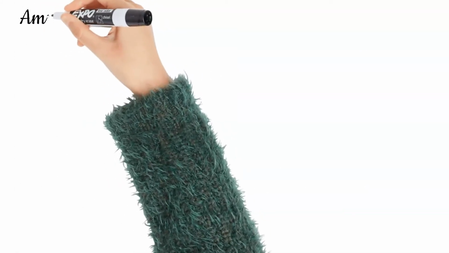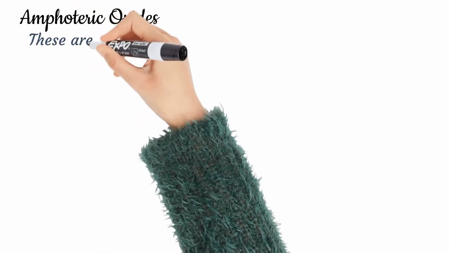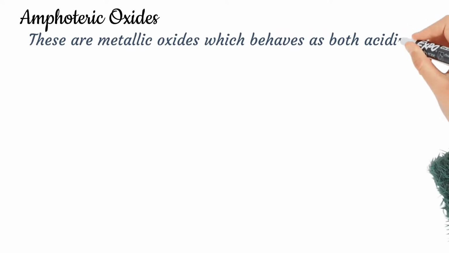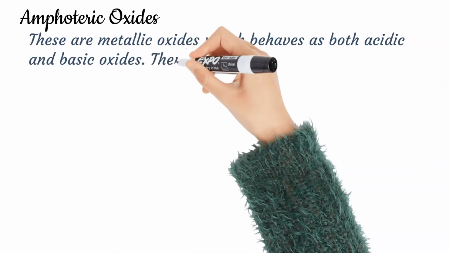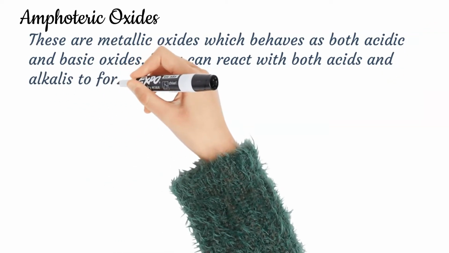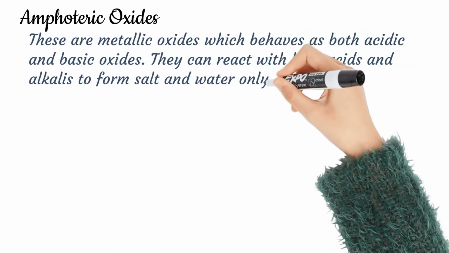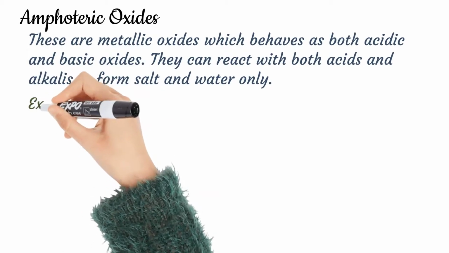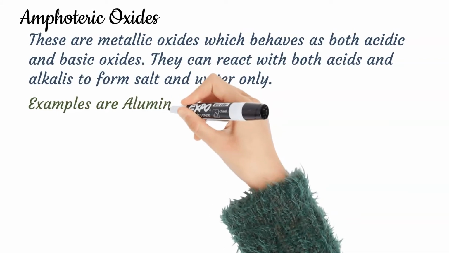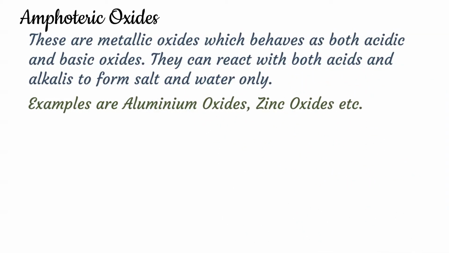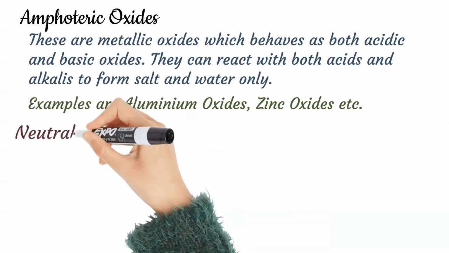Next, we look at amphoteric oxides. These are metallic oxides which behave as both acidic and basic oxides. They can react with both acids and alkalis to form a salt and water only. Examples, we have aluminium oxide and zinc oxide, etc. Finally, neutral oxides.